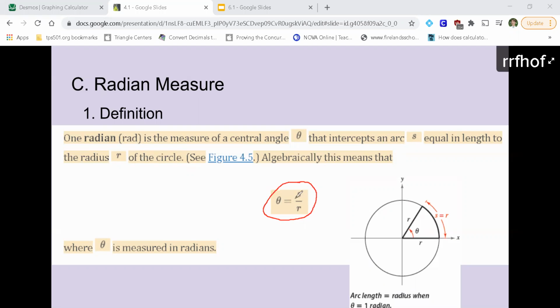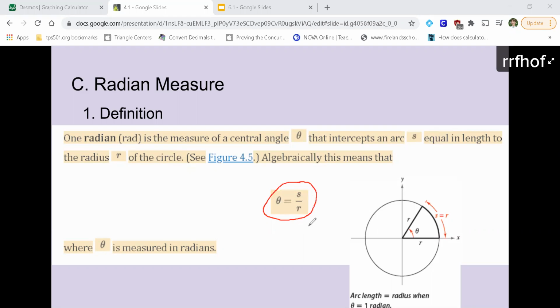But really, this is the most important thing you need to write down. They're going to ask you questions about coterminal angles on the homework and on the ACT. They're going to ask you questions that require you to use this formula on the homework and on the ACT. Generally, they'll give you 2 parts of this formula and ask you to find the third. So they'll tell you the arc length S is 5, the radius of the circle is 3. What's the central angle that intercepts your arc?